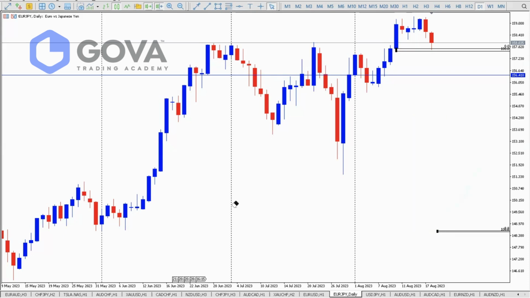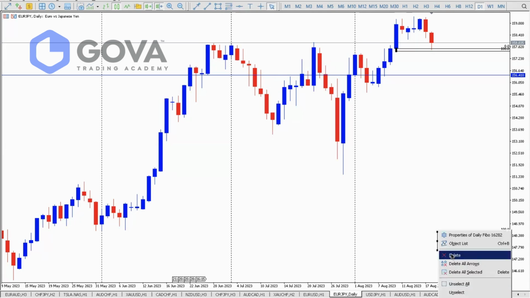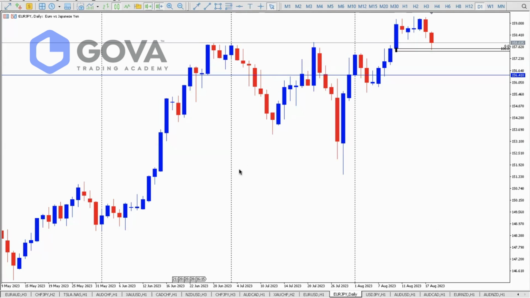Now, what about if it is a bearish candle? Let me just explain the bearish candle. Let's say in a bearish candlestick, the bearish candlestick also has wicks.